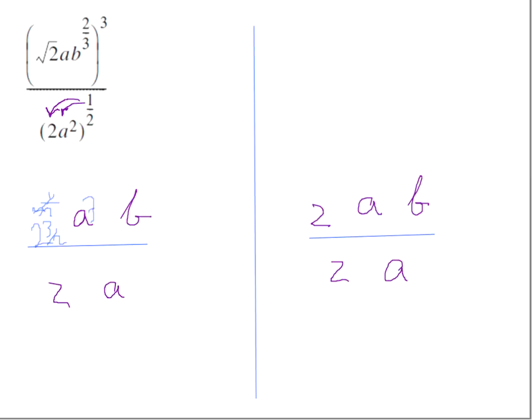Okay, so what would be the indices? 2 to, okay, that's good. A to the power of 3, B to the power, okay, careful, you have 2/3 times 3. What should that be? 2/3 times 3. 2 to the power 1/3.